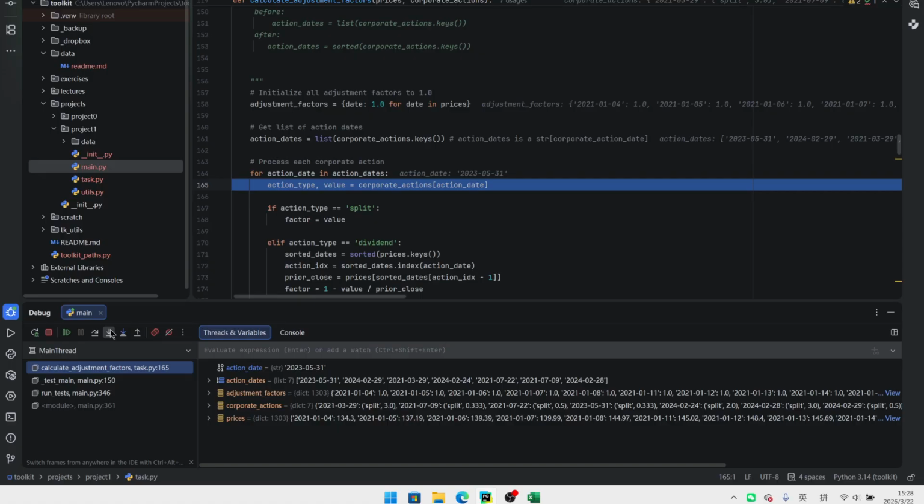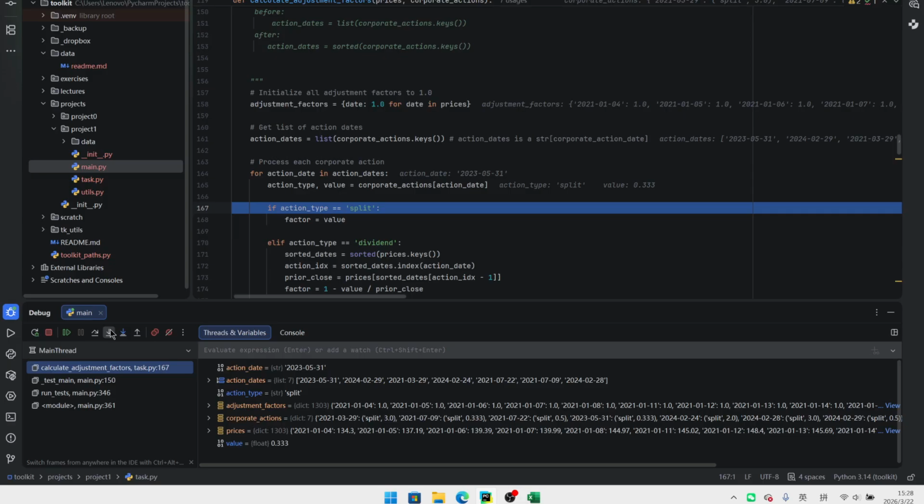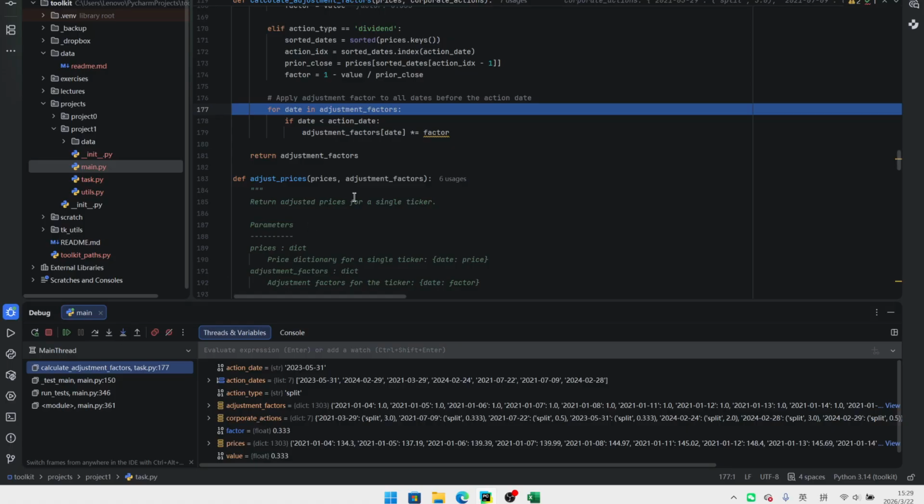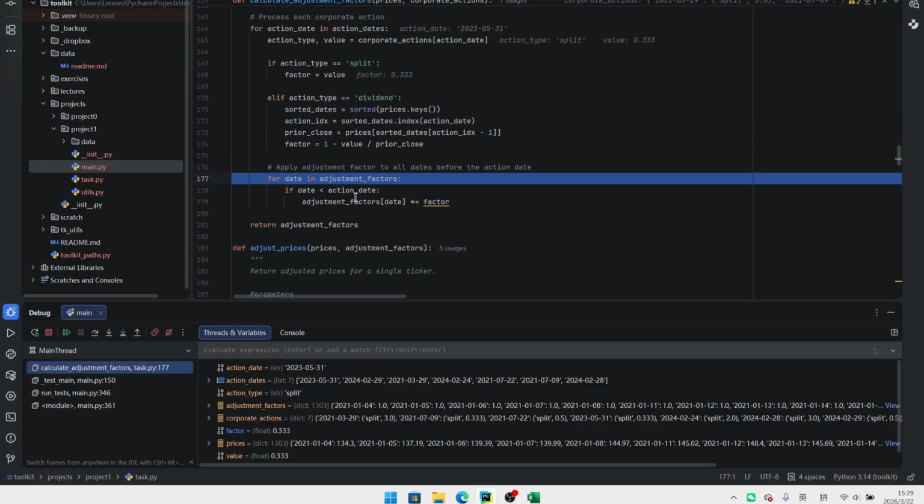So the first one, split 0.33. If action type is split, equals to... what's this?